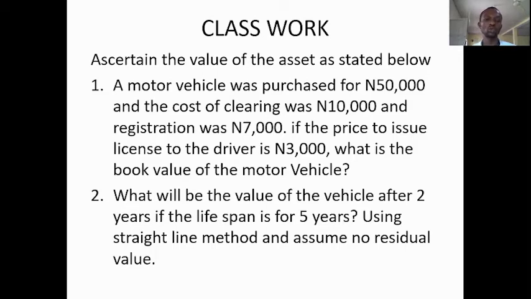That's one. Number two, what will be the value of the vehicle after 2 years if the lifespan is 5 years, using the straight line method and assuming no residual value? I'm going to explain this second part as we begin to look at the solution.